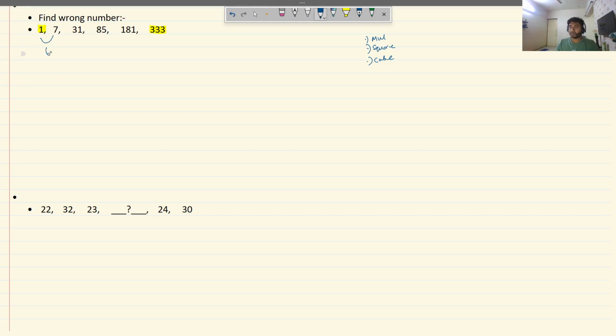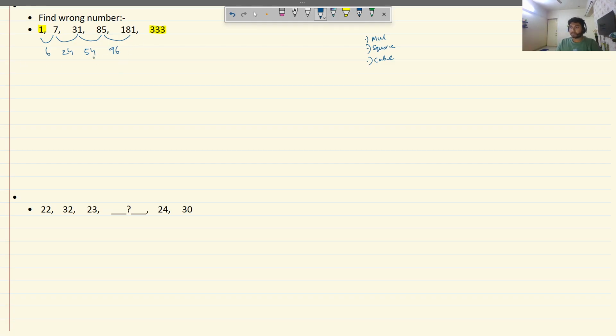So 7 minus 1 is 6, 31 minus 7 is 24. Already I am seeing that these are multiples of 6, so that's good news. Let's continue. 85 minus 31 is 54, again a multiple of 6. Great news. 181 minus 85 is 96, again a multiple of 6. Great news.